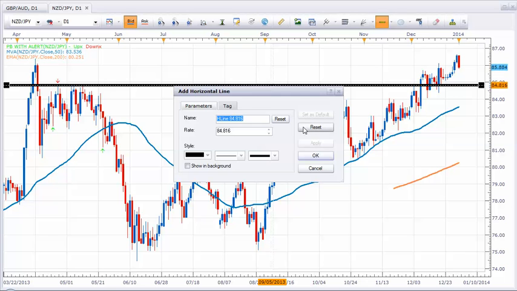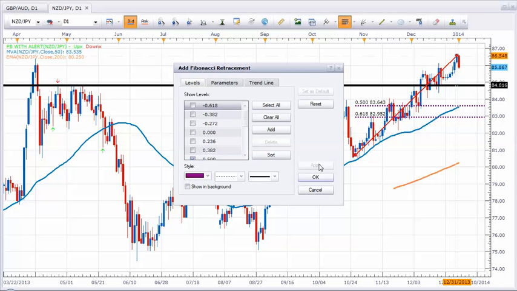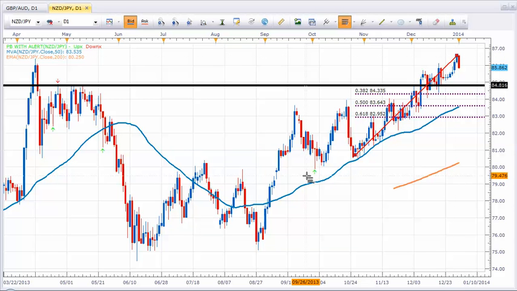So, if we could pull back to 84, 81, that might be interesting. Let's see where Fibonacci retracement takes us. So we start from the base here, go all the way up here. Let's add a 38.2, just out of curiosity. Okay. So, personally, I probably wouldn't feel comfortable entering unless we pull back to here. And this also is a support and resistance level.